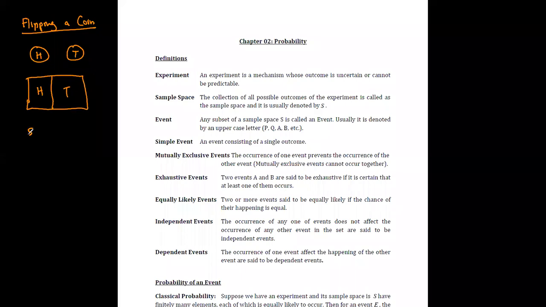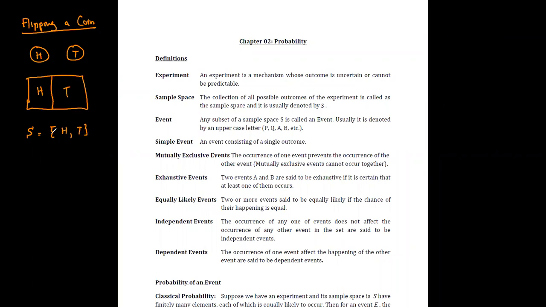If you write down the sample space for this experiment, there are only two possible outcomes, and you have identified two events for them. Therefore, those two events are said to be exhaustive events.